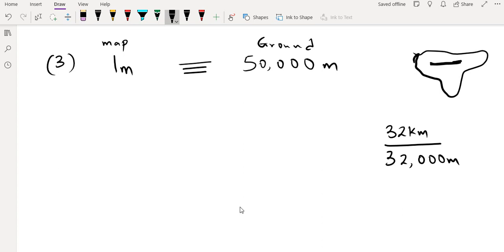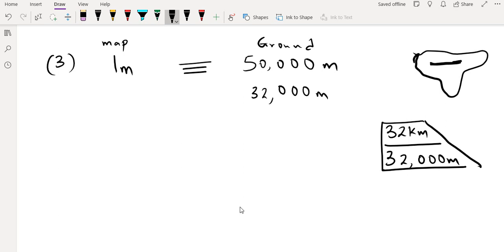On ground, on land, if you want to travel between Ogan and Akbar, you will travel 32,000 meters. Do you get that? So on ground, on land, you have 32,000 meters. What will be the corresponding distance on the map?